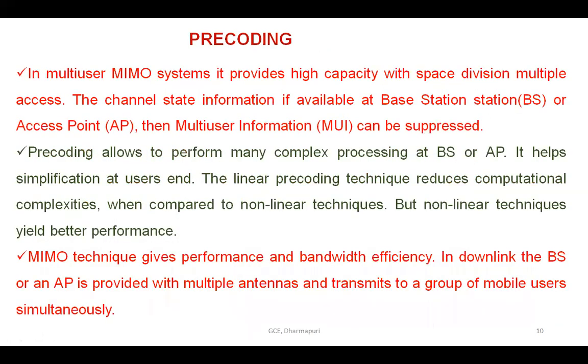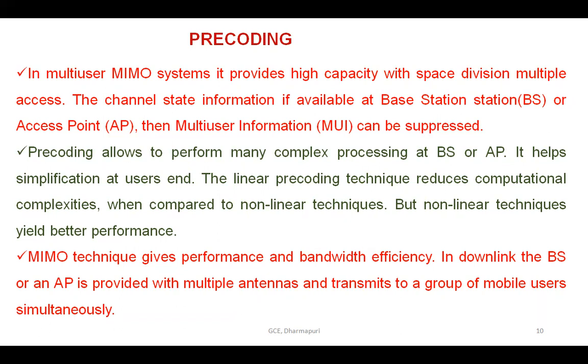Next topic is precoding. In multi-user MIMO systems, it provides high capacity with space division multiple access. If the channel state information is available at the base station or access point (AP), multi-user interference can be suppressed.